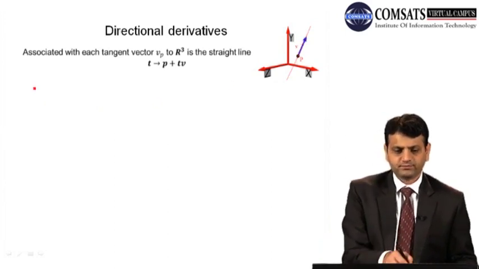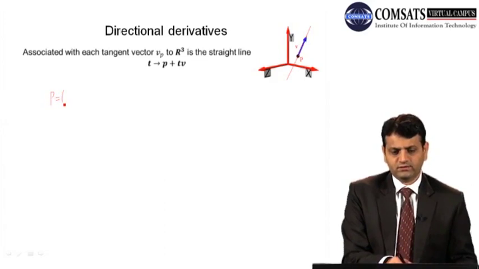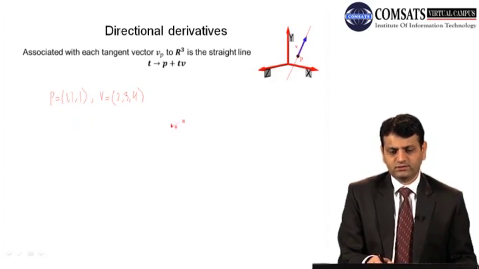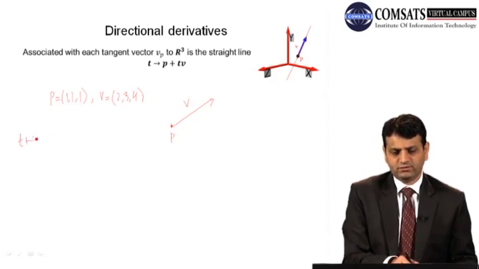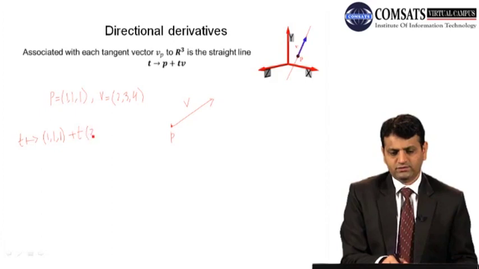For example, if you have point P equals (1, 1, 1), and a vector V equals, let's say, (2, 3, 4), then the line associated to this vector whose initial point is P is given as t goes to (1, 1, 1) plus t times V, which is (2, 3, 4).